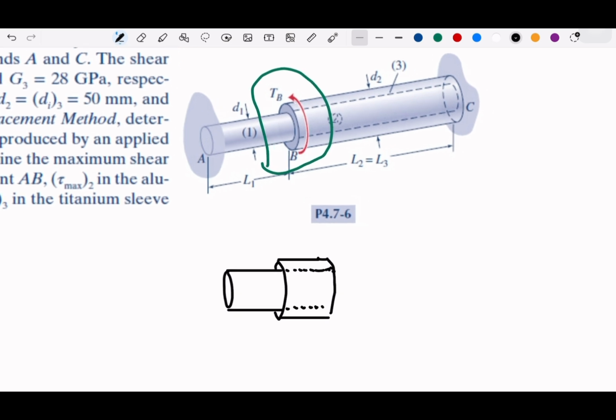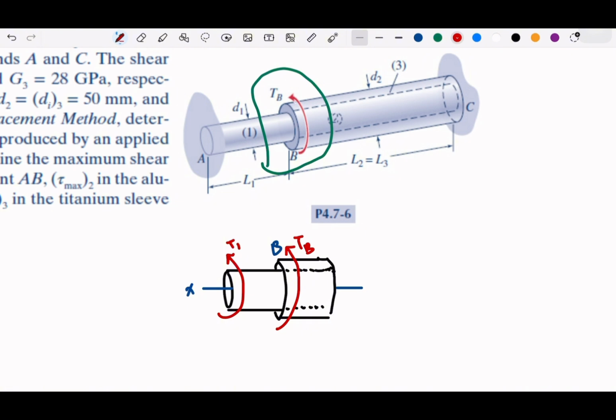And then this will be B, and this is the external torque TB. I forgot to mention, this is the x-axis. And then we can imagine, let's say T1 is over here, and goes that way.